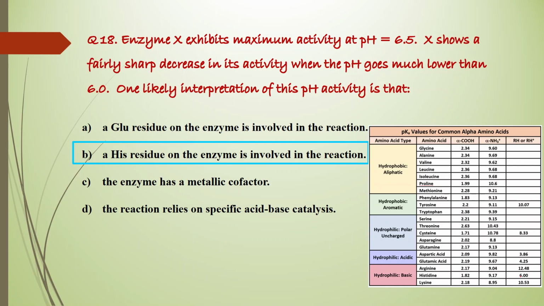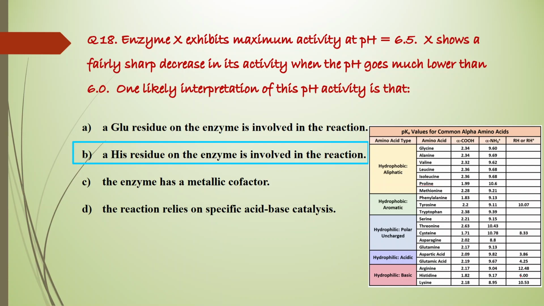But as soon as the pH gets less than 6, that is less than the pK value of its side chain, the histidine will start to protonate itself. The side chain of histidine will start getting protonated. That means there will be an additional charge.